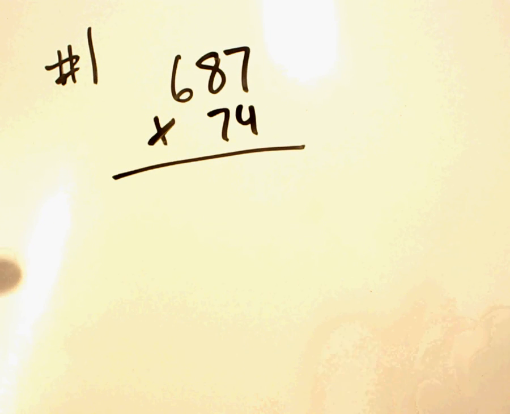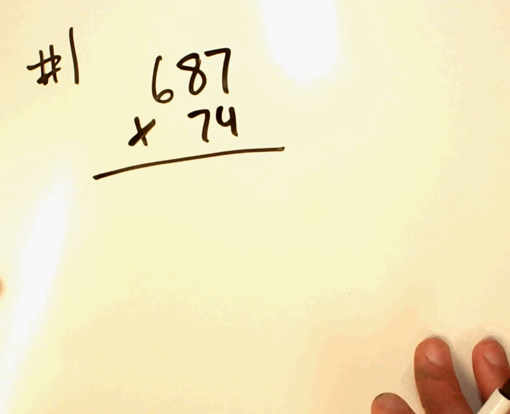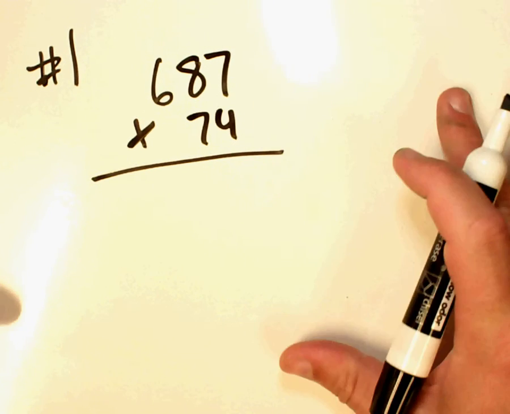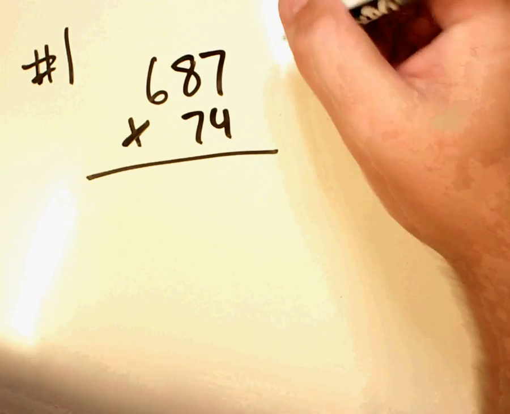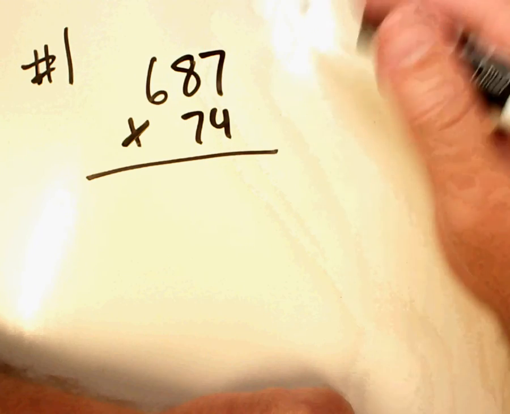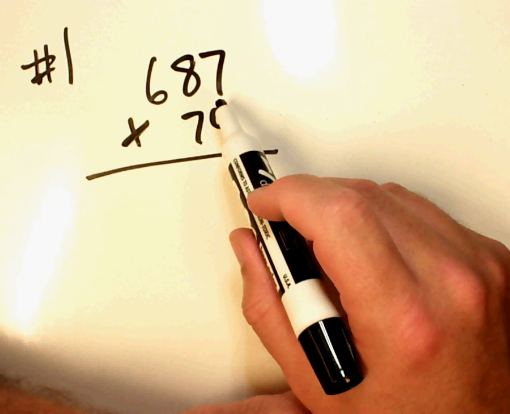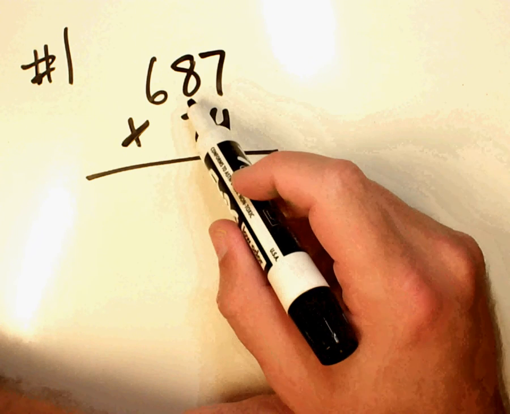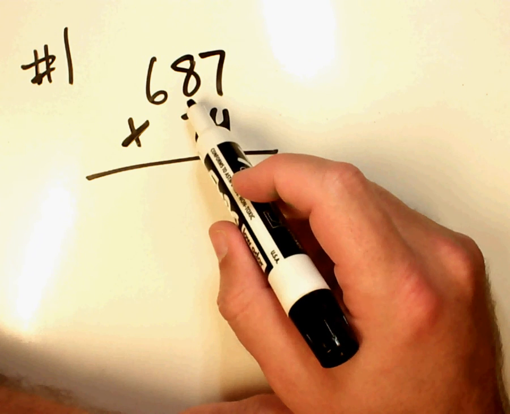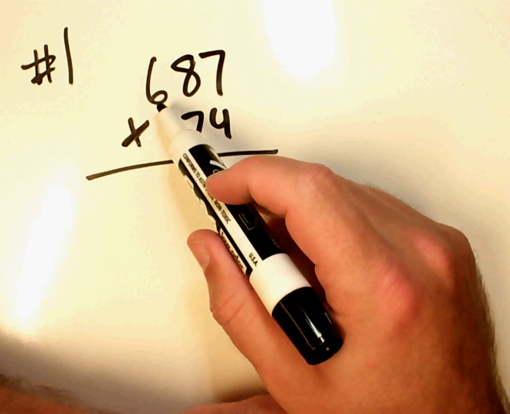Now, a couple of things to keep in mind. One is I'm not going to do the expanded form on this, but I do want to talk about it for just a second. Just as a reminder, this is a 7, obviously, and this 8 is an 80 because it's in the tens place, and this 6 is 600.